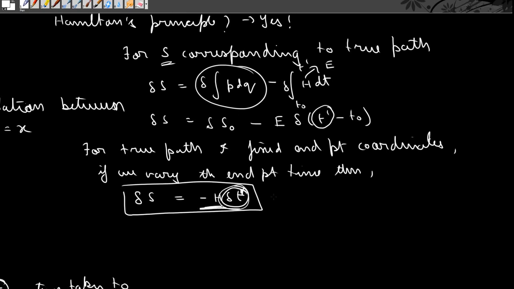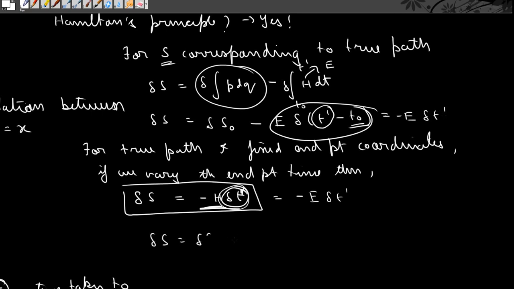Okay, so this will be equal to, in our case, since energy is conserved, E times delta t dash, and this term is going to be, since t dash is taken to be a constant, minus E delta t dash. So this means that delta S equals delta S naught minus E delta t dash, but then delta S is equal to minus E delta t dash for the true path, but not knowing the endpoint time.